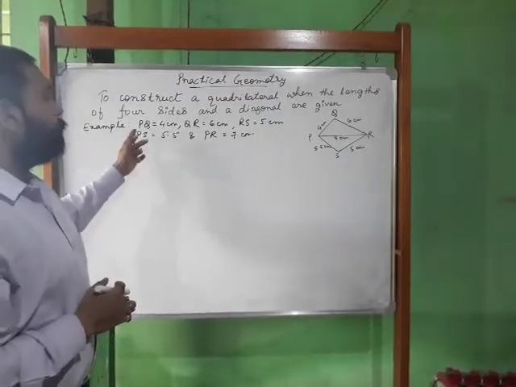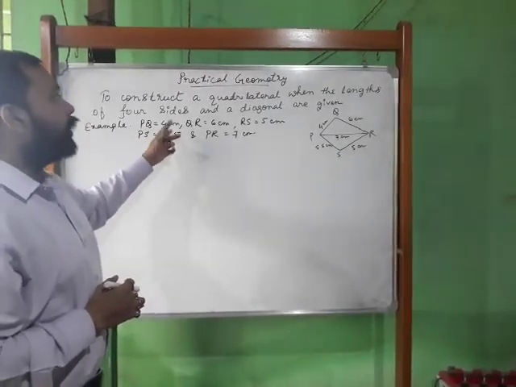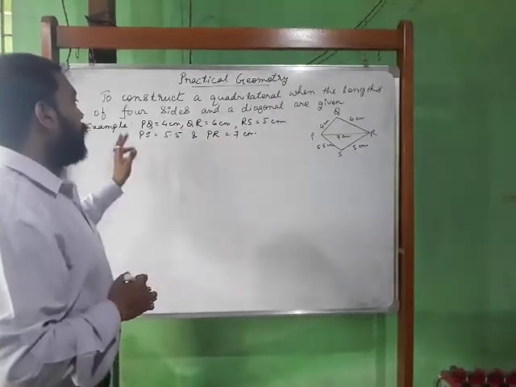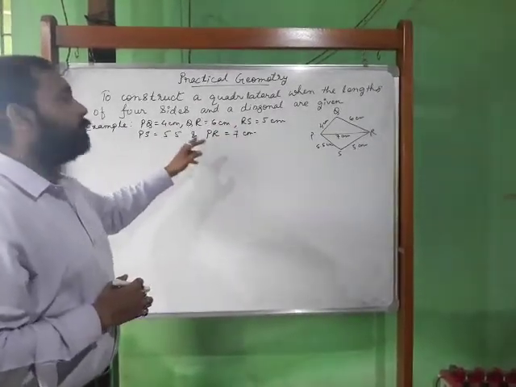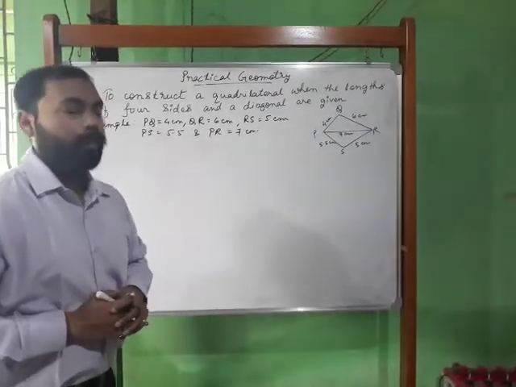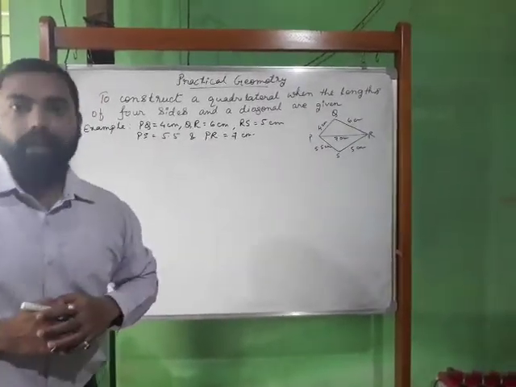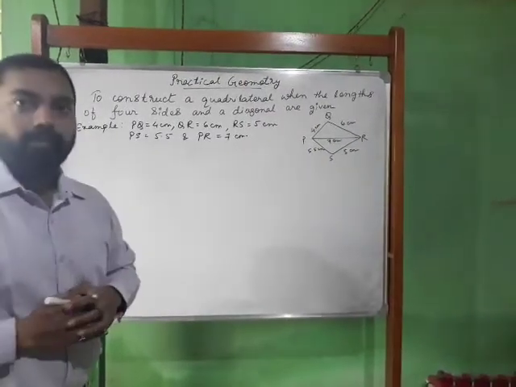Say for example, PQ 4 cm, QR 6 cm, RS 5 cm, PS 5.5 cm and PR 7 cm. So for this, let us draw a rough sketch of a quadrilateral.